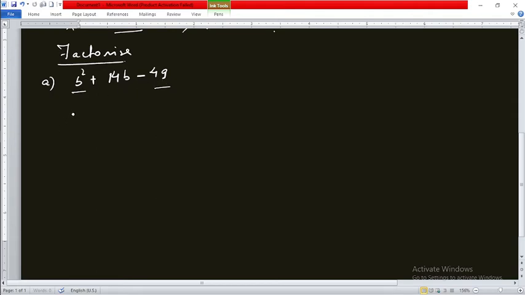Now you see, the root of b square will be what? First of all, you have to mention the two perfect squares in the given expression. It is b square and it is 49.